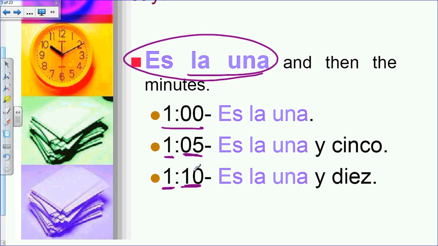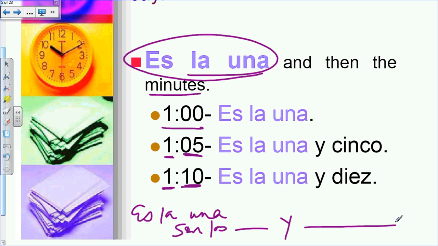So I think what you're starting to notice already is that when we tell time, we take the base, so es la una, or son las, whatever, and then you add the amount of minutes.